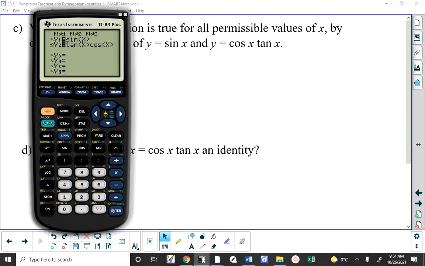So now I'm going to graph. It's going to reset. It's going to graph everything from the beginning. So here is sine of x. And watch very carefully when it graphs the next one. It's following the curve. But do you see it's stuttering kind of? It's skipping in certain places? Those are the non-permissible values because that's where tangent is undefined.